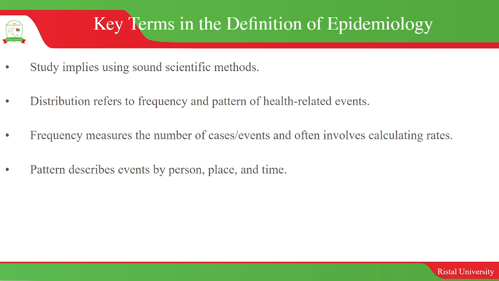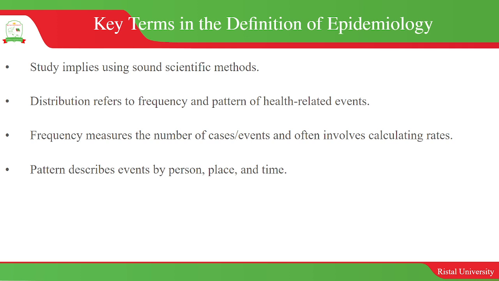When we talk about the health related event, we mean those factors that are affecting health. It could be a risk factor. How many people are smoking? That is a health related event. How many people are having cancer? That is a disease, that is basically a health related event.